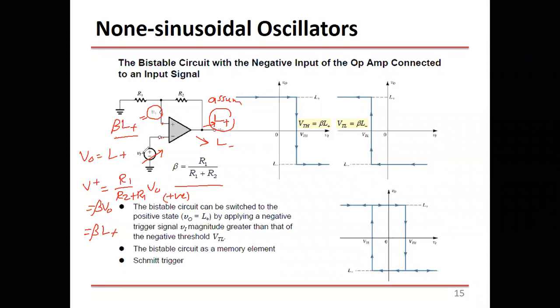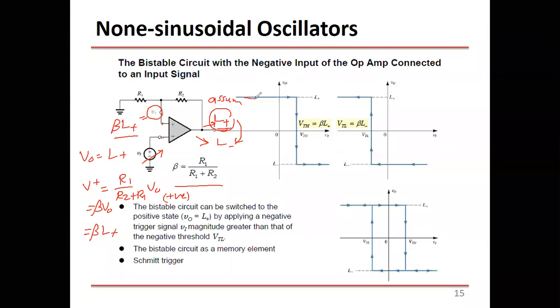If V input is less than beta L plus, which is V plus, then the output will stay at the highest level. When does the output switch from this level to this level? When the input voltage becomes higher than this voltage.